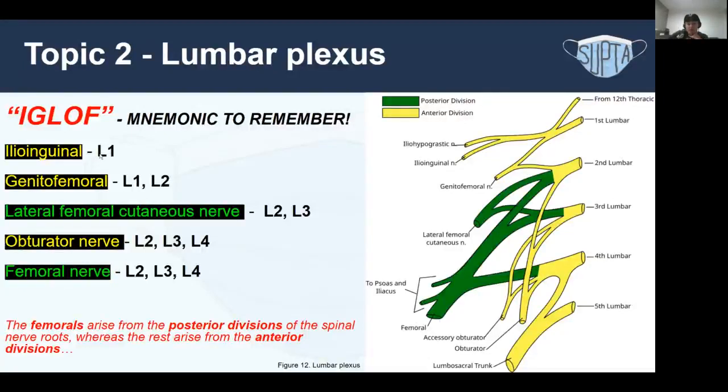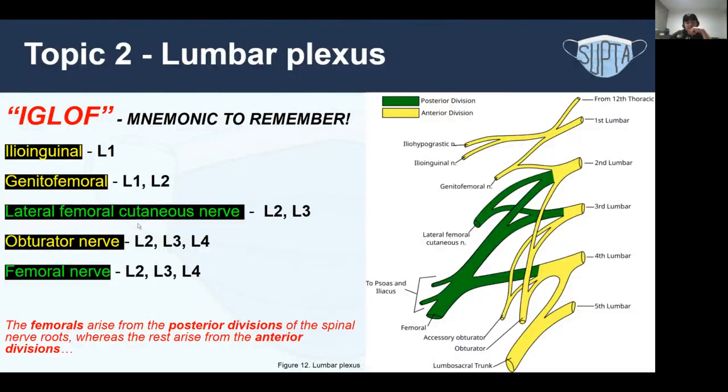So L1, ilioinguinal. There's also the iliohypogastric, but that's not relevant in that it doesn't innervate the lower limbs, but they're both L1, right? And you can see that. That's L1. Genitofemoral, L1, L2, you can see how it branches and combines to form the genitofemoral.